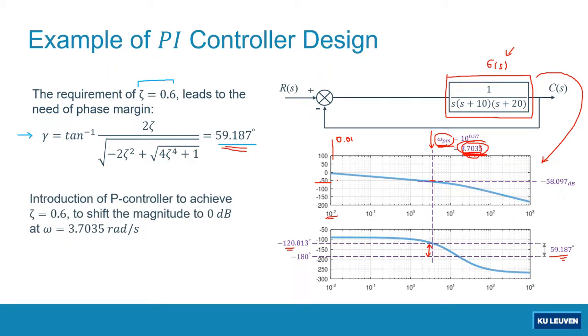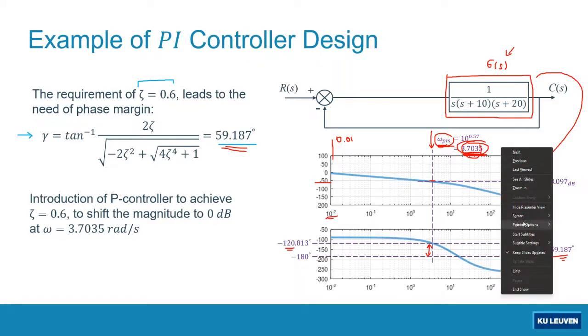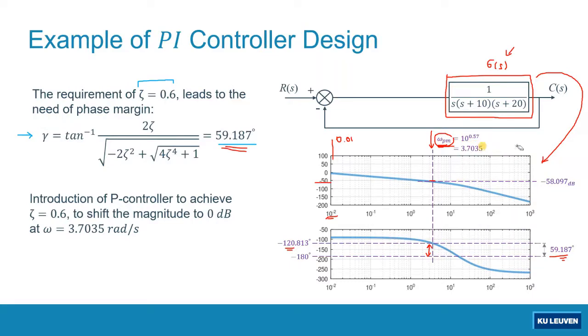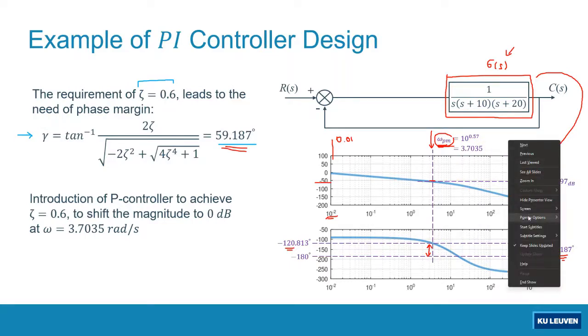We need to introduce a P controller, a proportional controller, to shift up the magnitude plot such that it will cross the 0 dB line at the desired phase margin frequency at 3.7 radian per second.